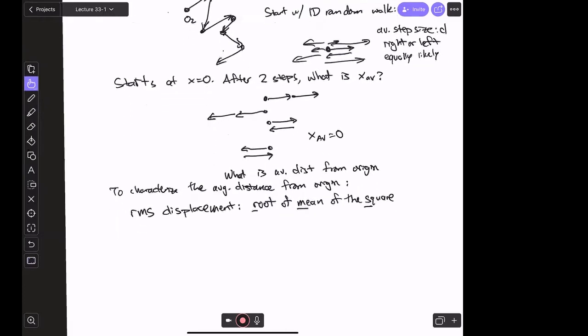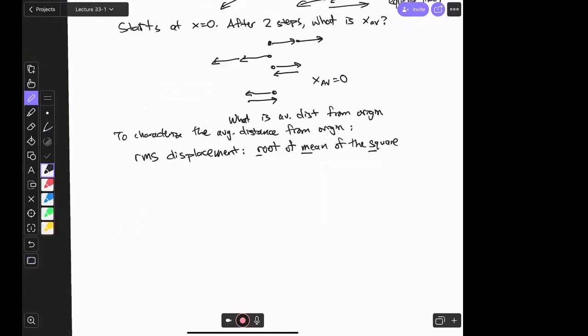So let's apply this to our example here, and you'll see a little bit more what I mean. Let's apply it to one step, and let's calculate what the RMS value of x is after one step.